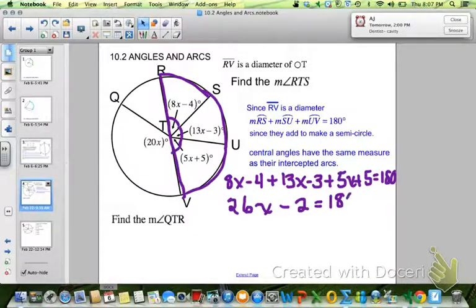So if I add 2 to both sides, I'll have 26x equals 182. So we'll divide both sides by 26. That gives us x equals 7.